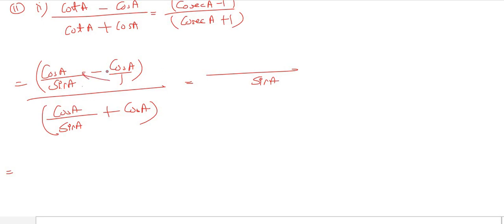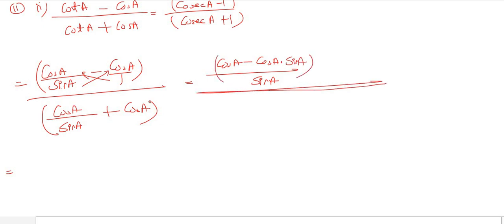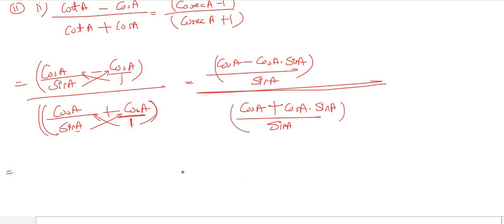And this into this and this into this will be cos A minus cos A sin A, divided by, here, what is the LCM of these two? If I take it as 1, the LCM of these two will be sin A, and this into this and this into this. So it will be cos A plus cos A into sin A. This is the LCM.